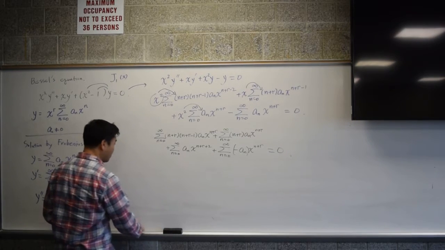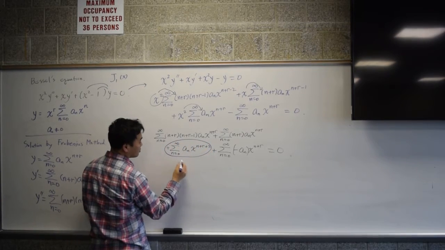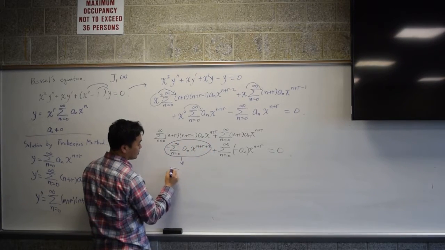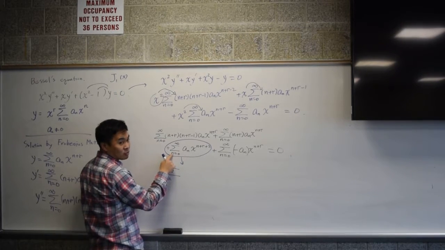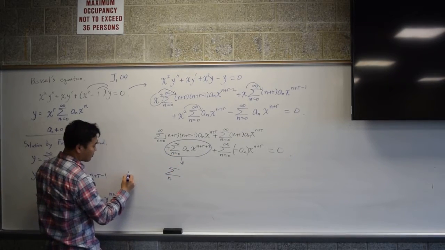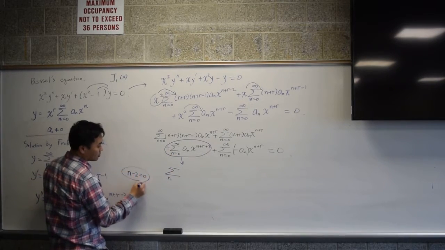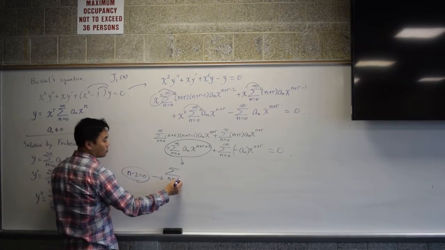So this one only has to be shifted. So if I replace n by n minus 2, when I have n minus 2 equal to 0, that becomes n equals 2.